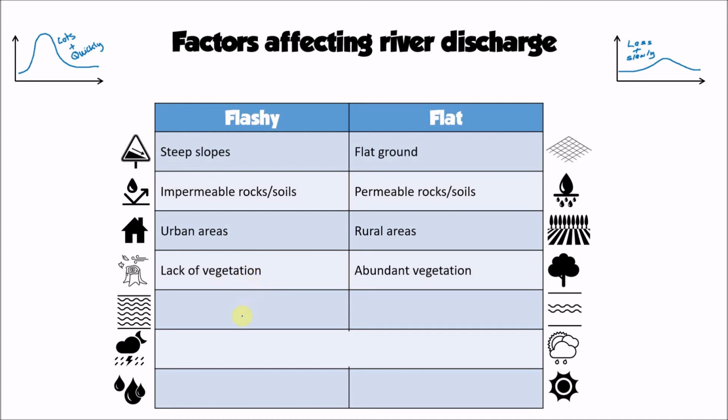Another factor is drainage density. This is referred to as the amount of rivers and streams on the surface of a drainage basin divided by its area. So in an area of high drainage density, we'd have lots of rivers and streams in a small space.